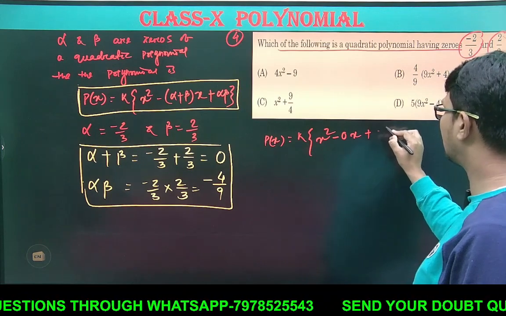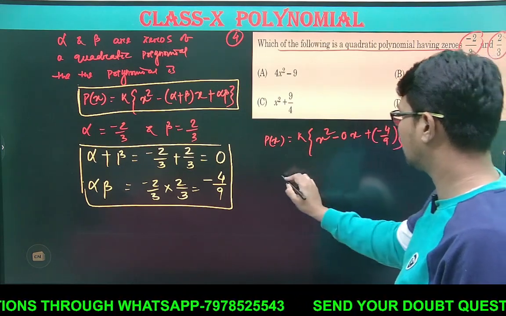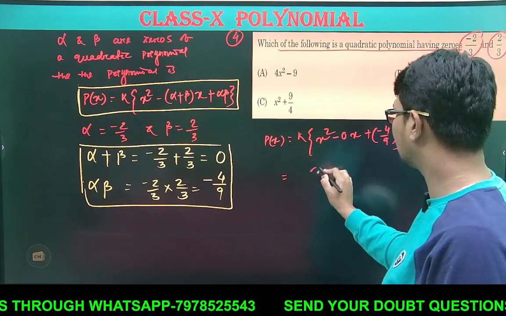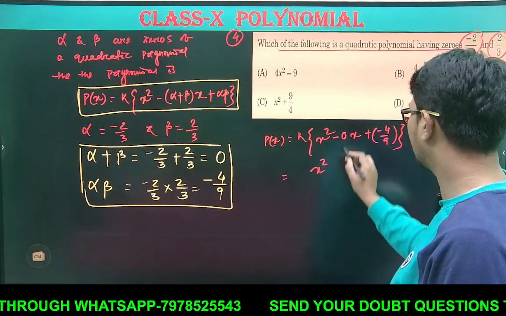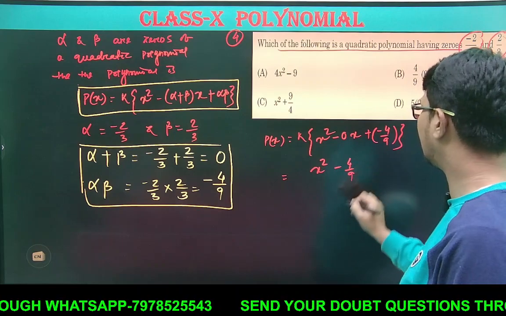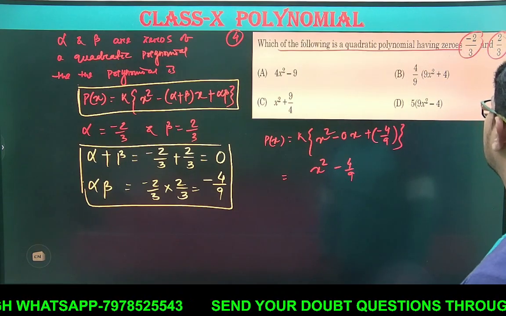Alpha into beta is how much? Minus 4 by 9. So which is equal to, I said k is not required, so write directly x square, this is 0, so minus 4 by 9. Check, which is the answer.